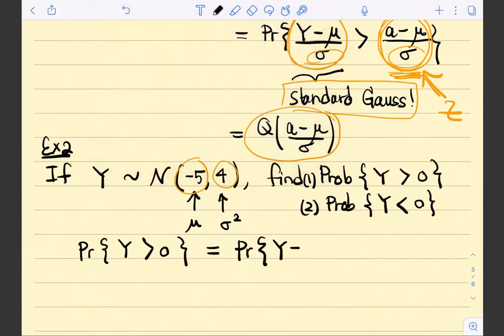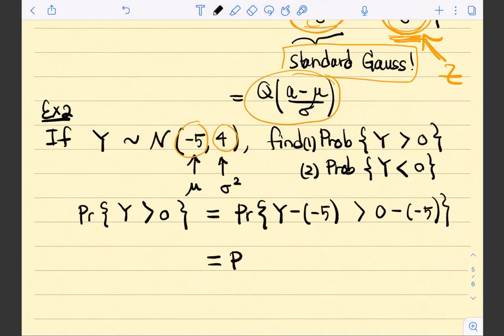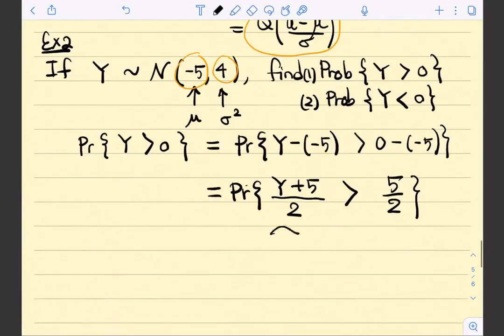So I'm going to add 5 on both sides. And I'm going to divide both sides by the standard deviation, which is 2. Okay, everyone got this?